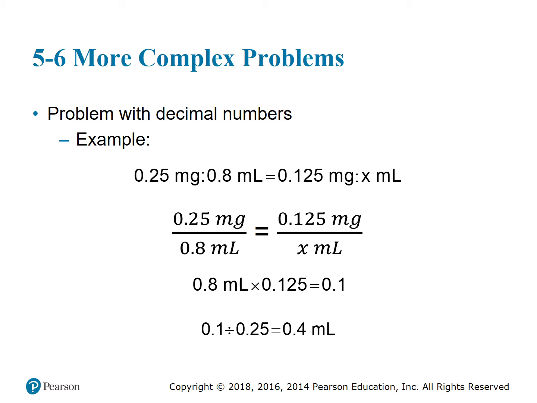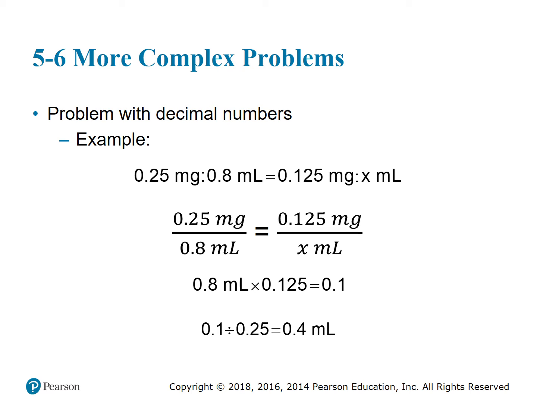So we put 0.25 milligrams over 0.8 milliliters, that's what we know. So this is saying that we have a medication that contains 0.25 milligrams of solute, the good stuff, right, to some sort of solution, 0.8 mLs of solution, fluid stuff, okay?